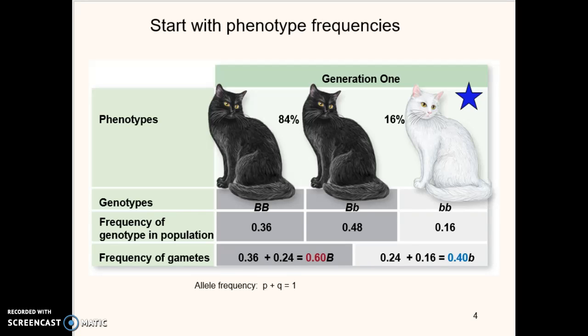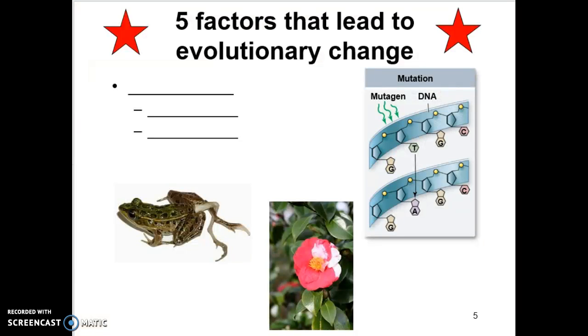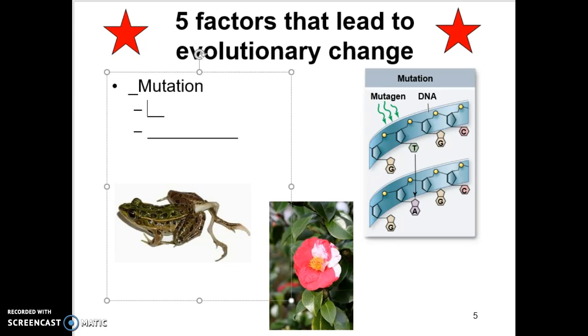Okay, so now that we know how to calculate it, what we want to look at are the 5 factors that lead to evolutionary change in a population. Okay, know these. Absolutely know these. Double red star means you need to know it. It's a core concept for this unit. Okay, first one, mutation. Mutations are raw genetic material. This changes the genotype.